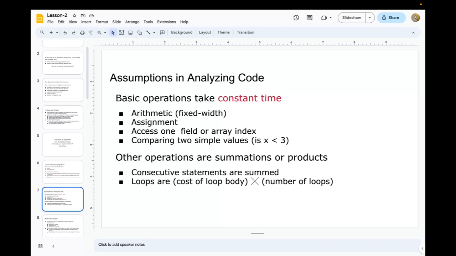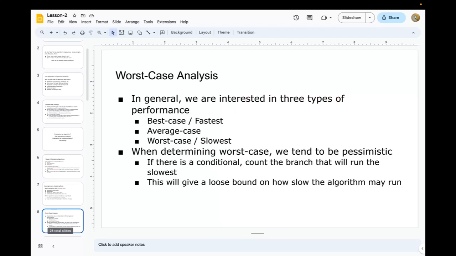When we're using loops, there are two factors that have to be kept in mind when you're analyzing the complexity: one, the cost of the loop body, and the second, the number of loops that are involved. It all adds up to the complexity, and that is why the cost of the loop body and the number of loops used are taken into account when you're calculating time complexity.